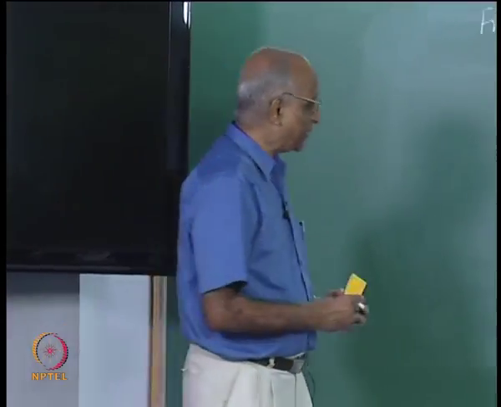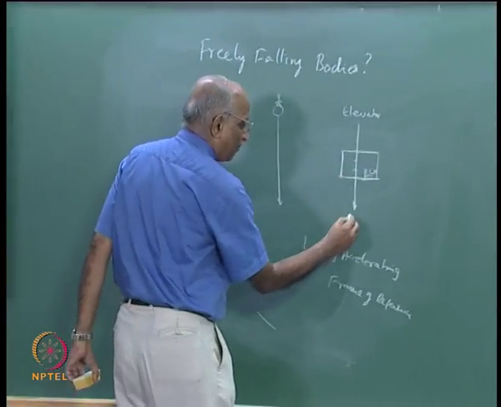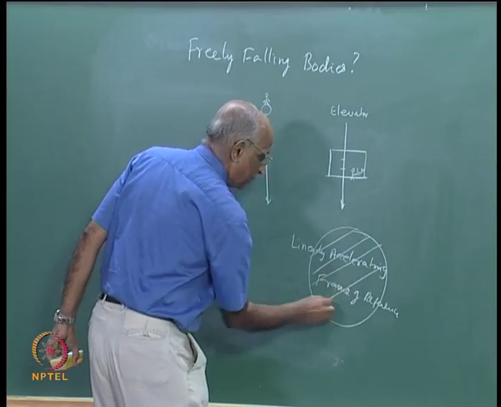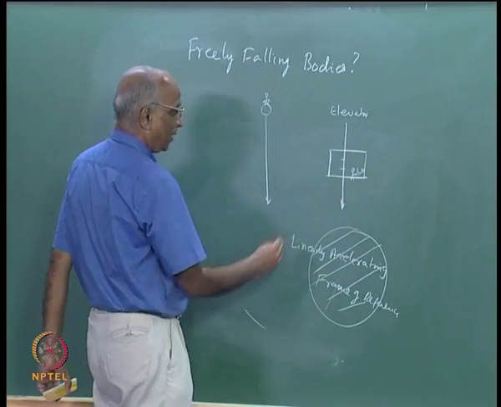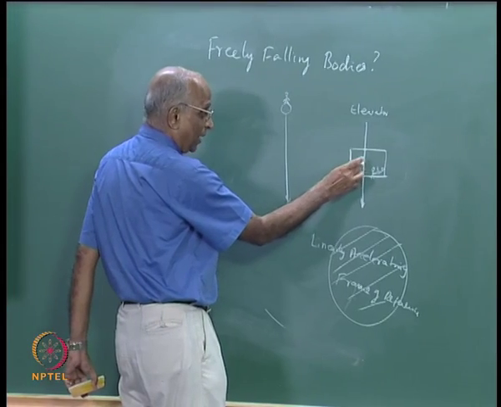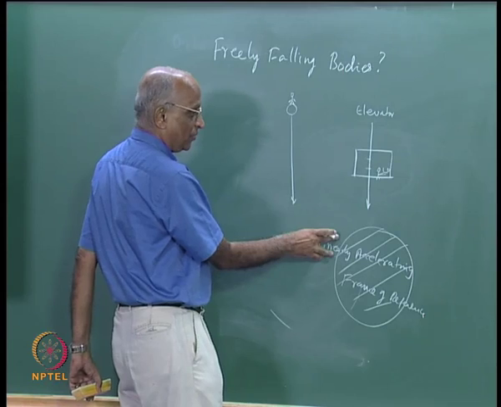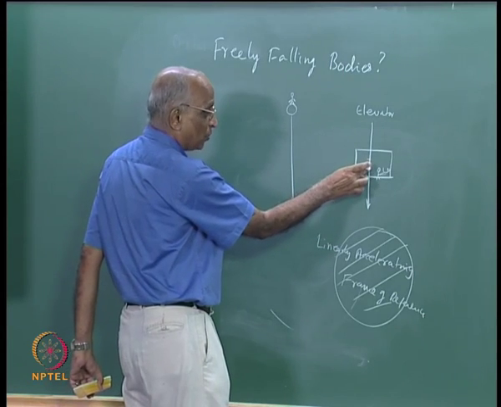All what I am talking is, yes, maybe the earth is over here, earth is attracting me, and therefore I have to correct, because it is not an inertial frame of reference, I have to put some corrective force over here.